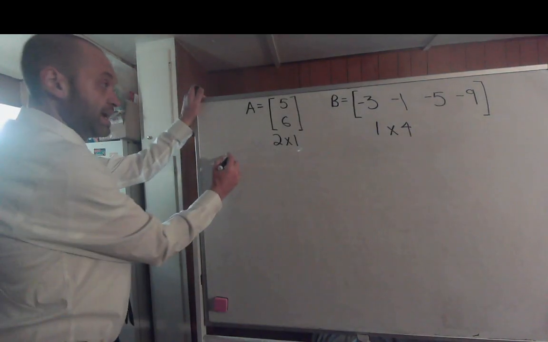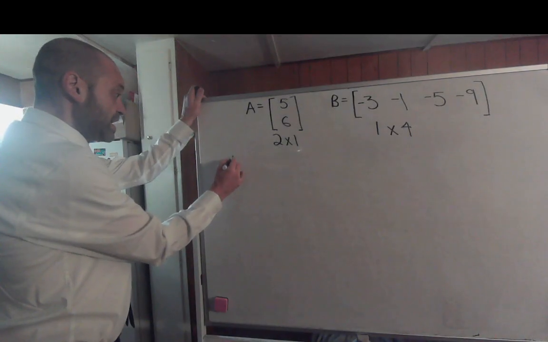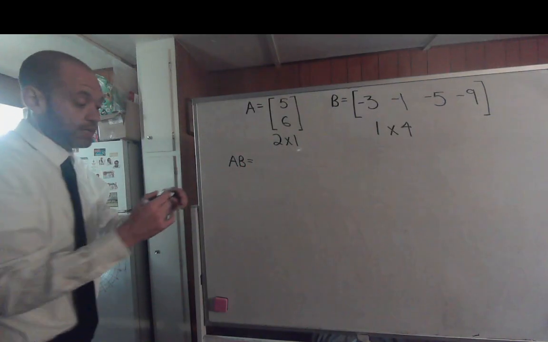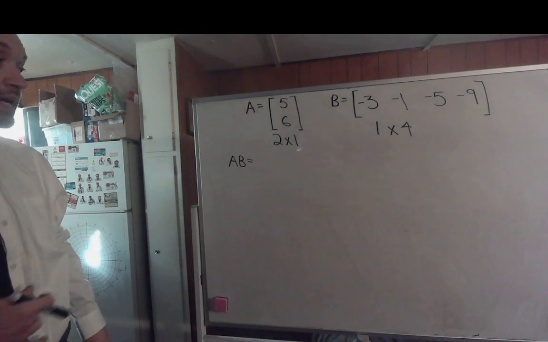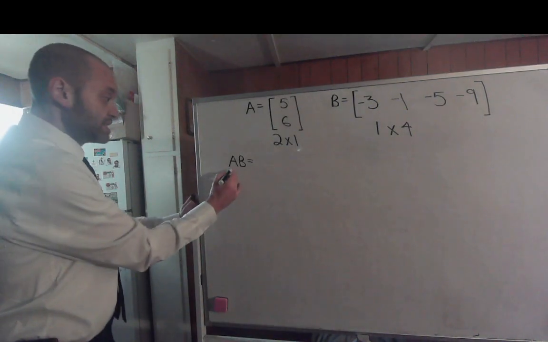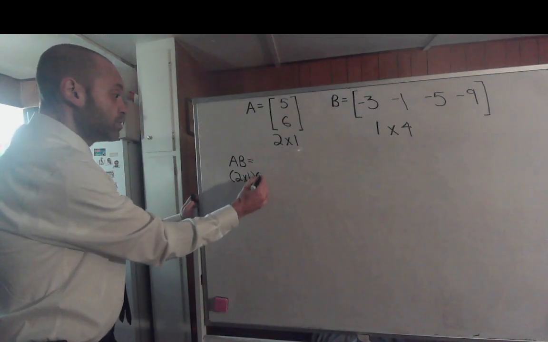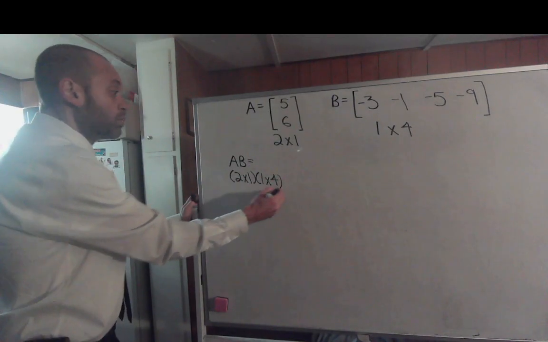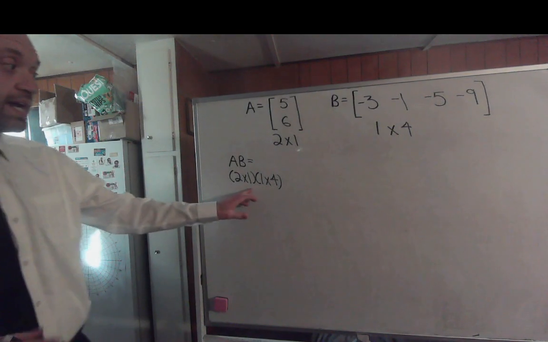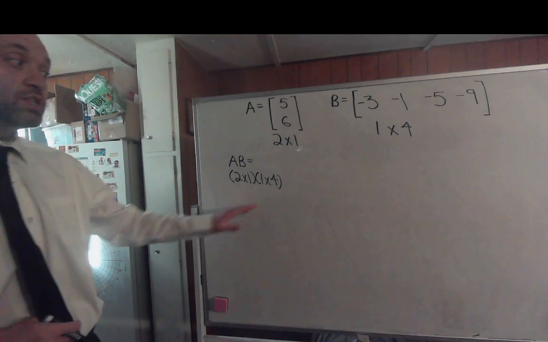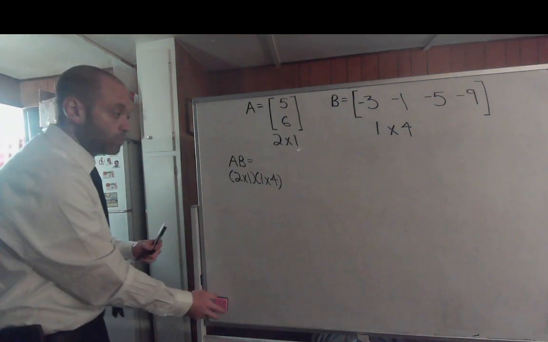First, let's see, can we end up doing matrix A times B? Well, that means we're going to take a 2 by 1 matrix times a 1 by 4. Well, the number of columns in A matches the number of rows in B, so yes, we can totally do that. This will work.